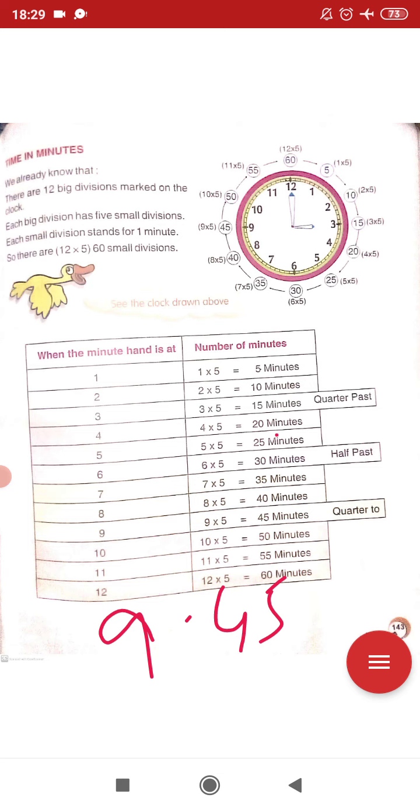So quarter to 10, time is quarter to 10, and 9:15 means quarter past 9. Clear? So when you use this term quarter to, you need to consider the hour number equal to the given number plus 1. So 9 plus 1, quarter to 10. Okay.